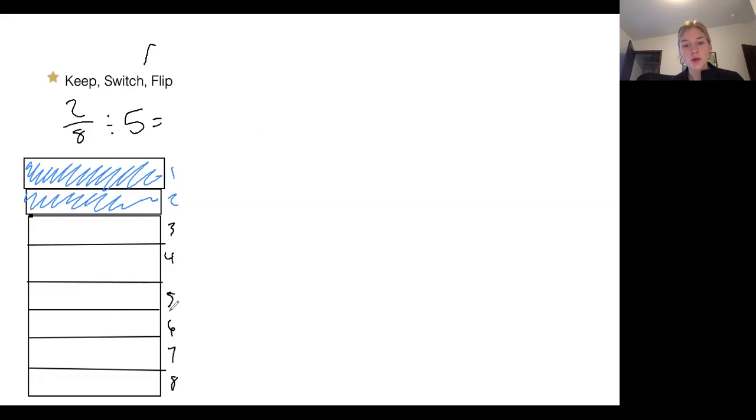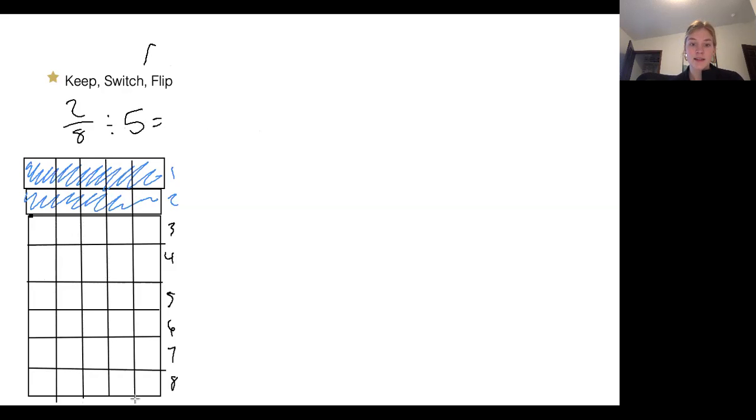So I've made 8 rows, and now I can make some columns. I need to divide this whole thing by 5, which means I need to make 5 columns. All right, there. We have divided this whole thing by 5.